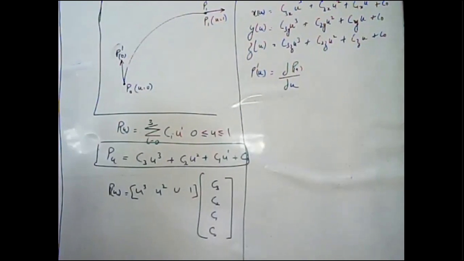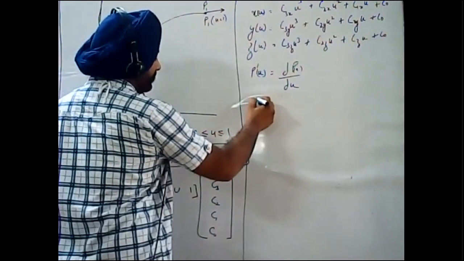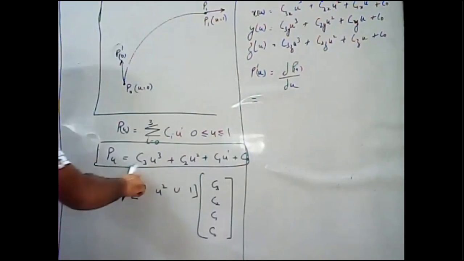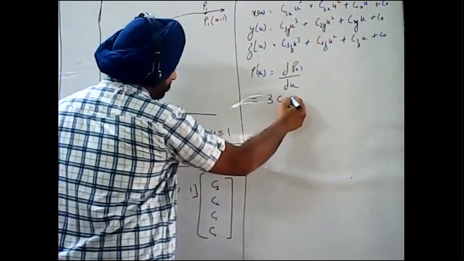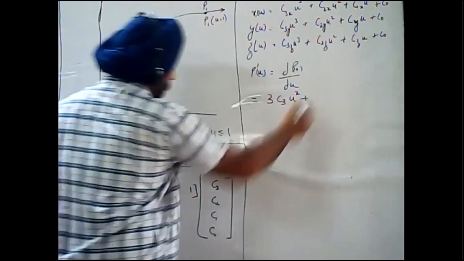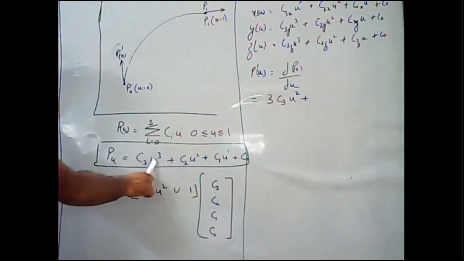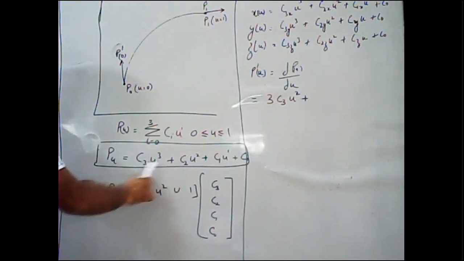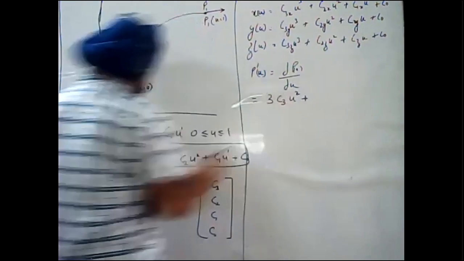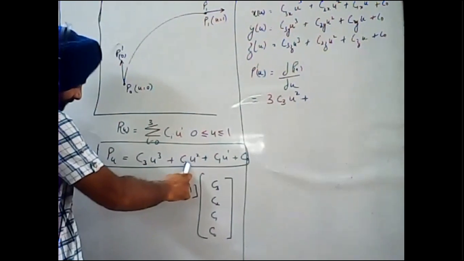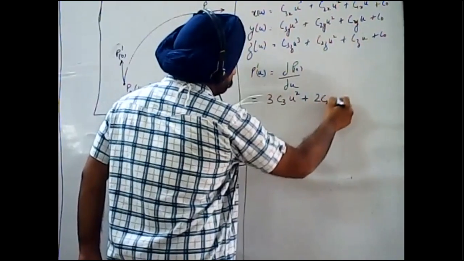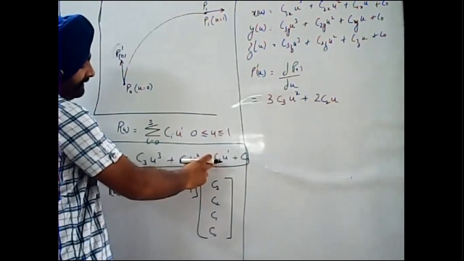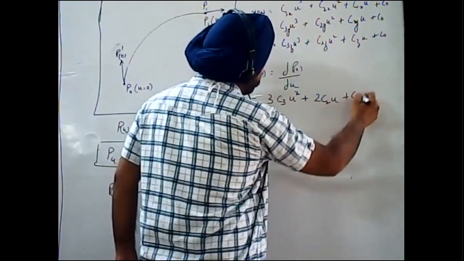You have to differentiate this equation with respect to u, and it will become 3c3 u square plus 2c2 u plus c1.